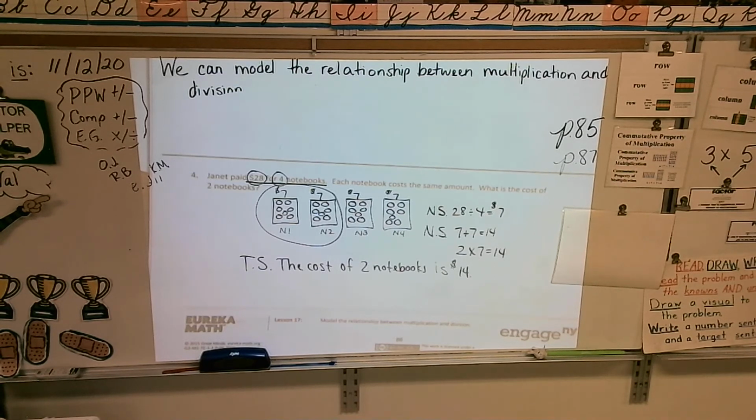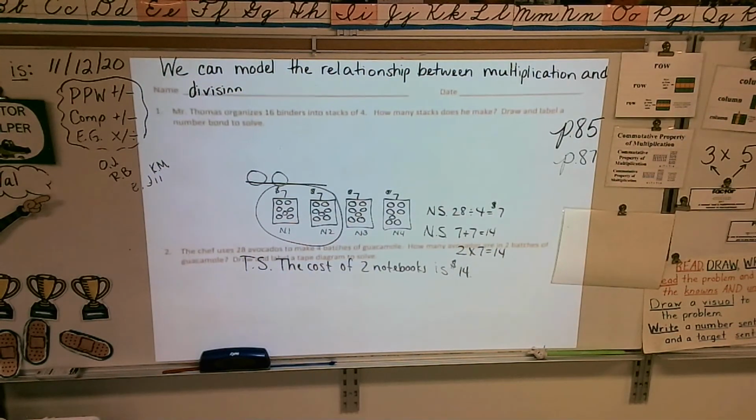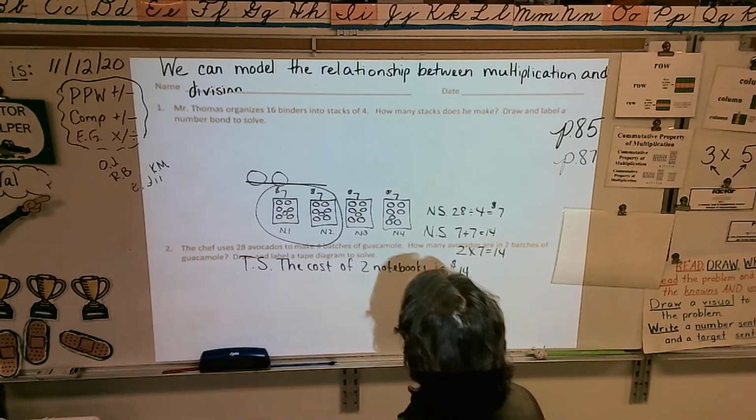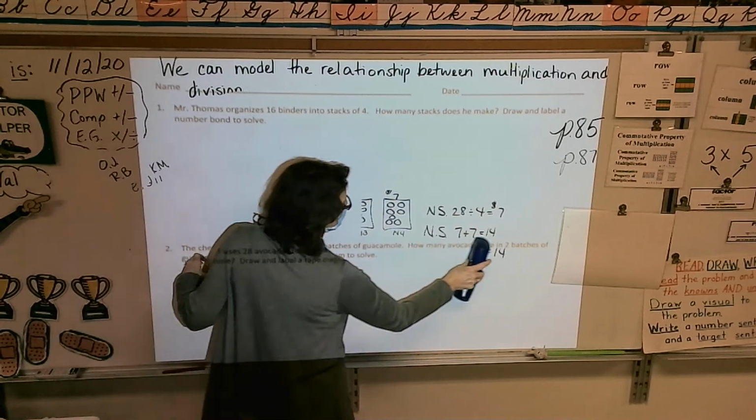Go ahead and do page 87 after. Page 87, number 1. And it does ask you to draw and label a tape diagram. If you're not comfortable doing it, you do not have to, but if you are, it's good practice.